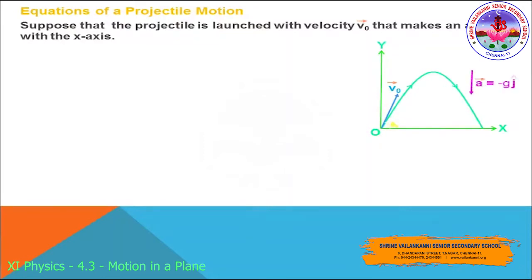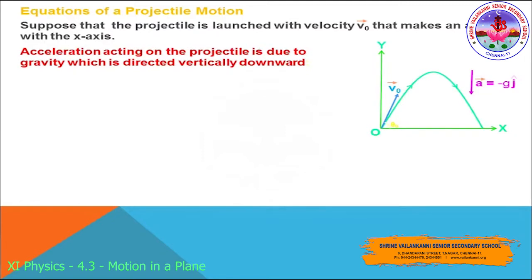The acceleration is in the downward direction. So the acceleration vector a is equal to minus g j cap, right? So the components are ax equal to 0 and ay equal to minus g.